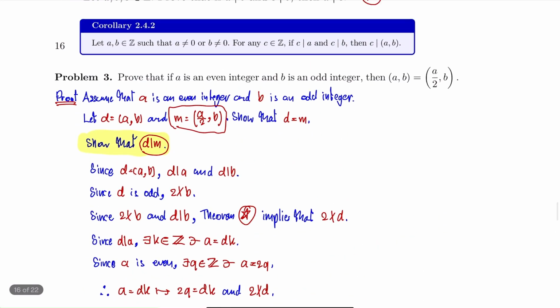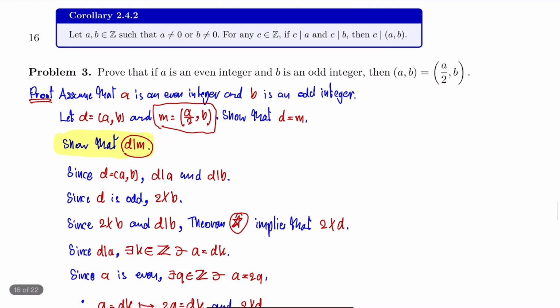We have shown that if a is an even integer and b is an odd integer, then the greatest common divisor of a and b equals the greatest common divisor of a over 2 and b. Okay, and that's it for this video.